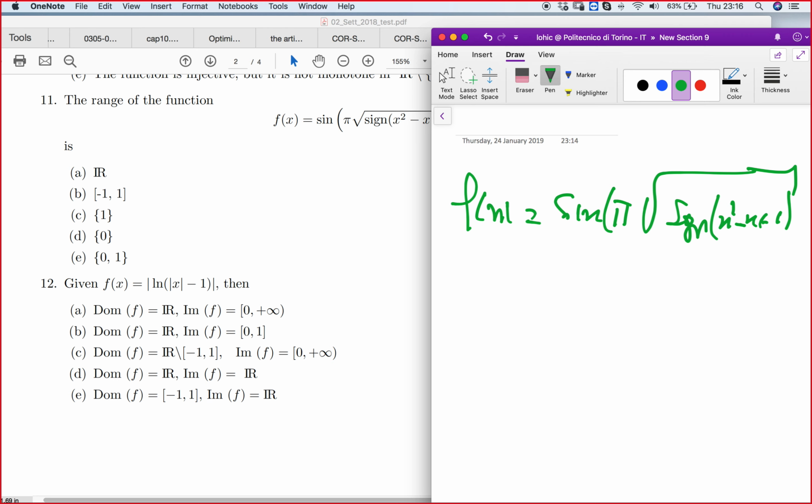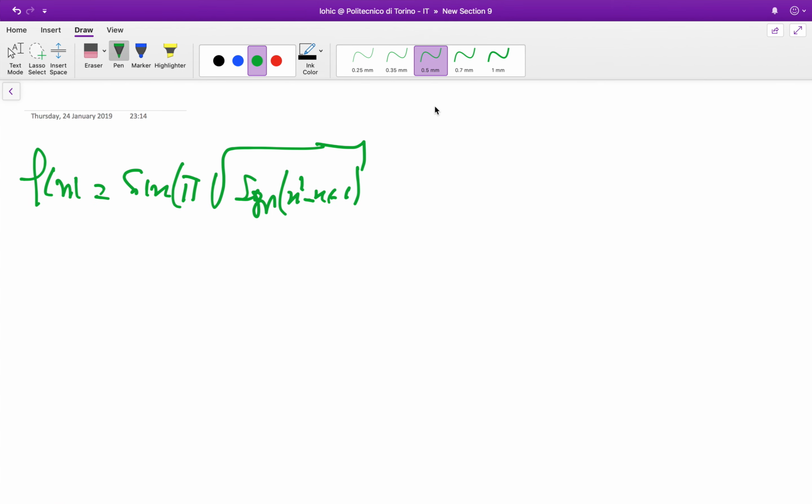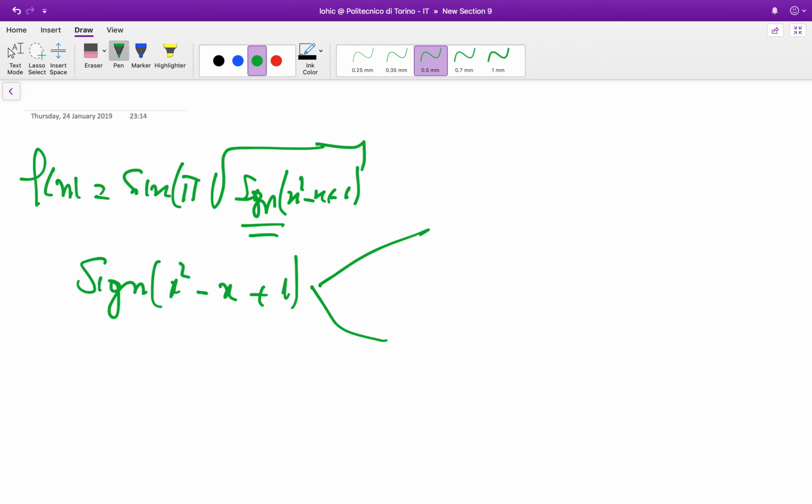It's clear that the function looks very complicated, but okay, good, this is the secant function, like secant of x squared minus x plus 1. This secant here can only give minus 1, 1 or 0, right?